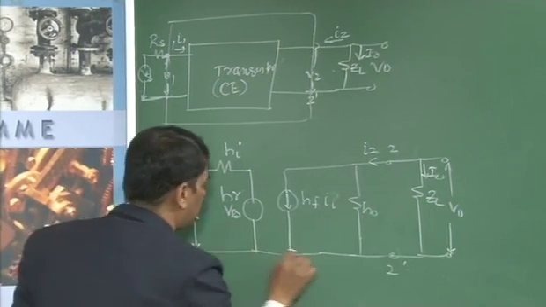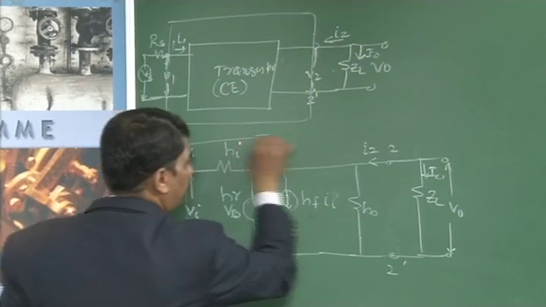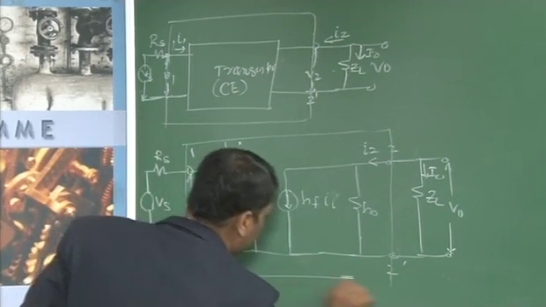Here the transistor is replaced with its equivalent circuit diagram as shown in this figure.